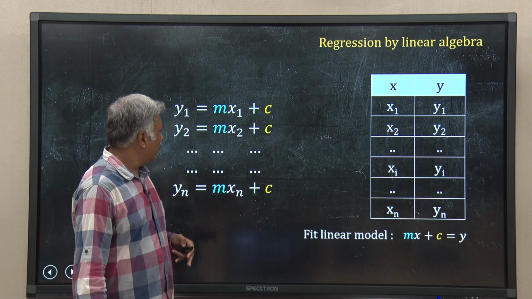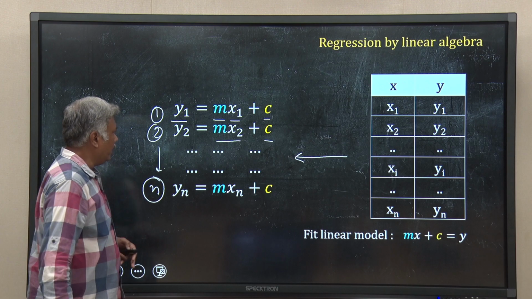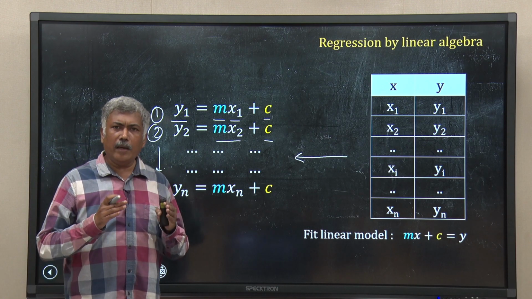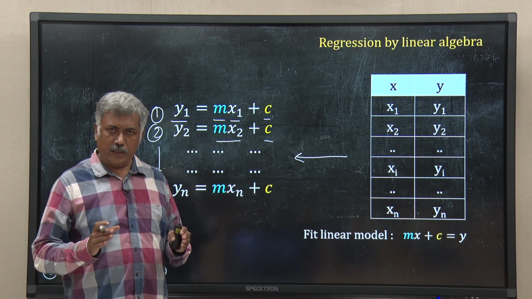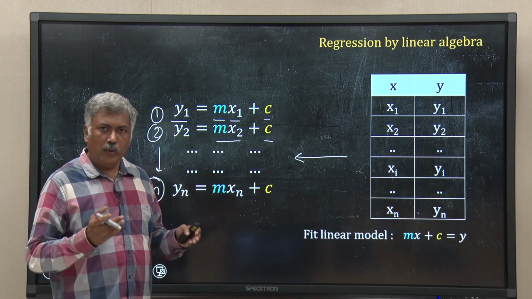The first equation is y1 is equal to m into x1 plus c. The second equation is y2 equal to mx2 plus c, and that way I have the nth equation. So, I have n simultaneous linear equations, each having the same values of m and c, which we do not know and want to calculate.